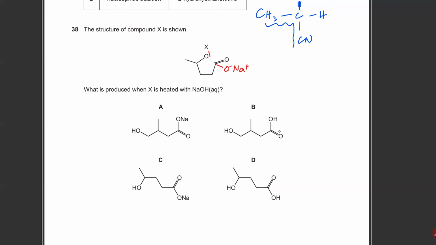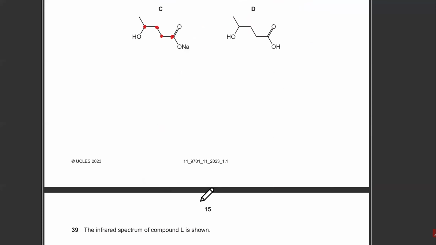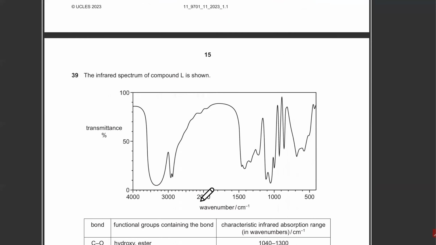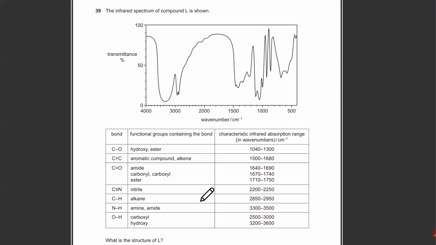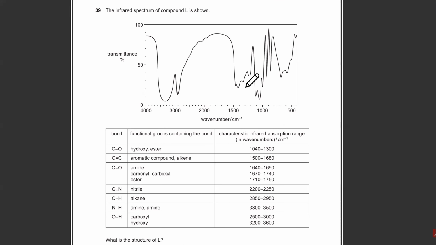How many carbon atoms? One, two, three, four, right? That makes sense. One has the OH and it's got a carbon branch, so it is C.